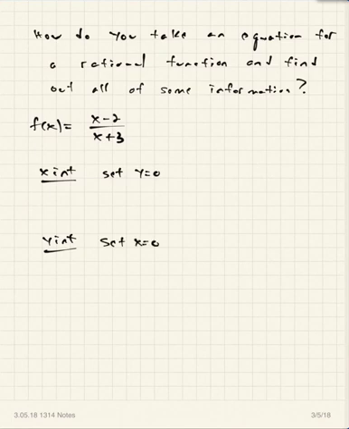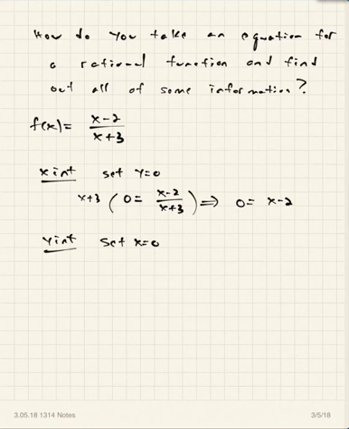Now notice when you set y equal to 0 in this particular function, you get 0 equals x minus 2 over x plus 3. You clear the fractions by multiplying by x plus 3, and that just gives you 0 equals x minus 2. By the way, that will always happen.